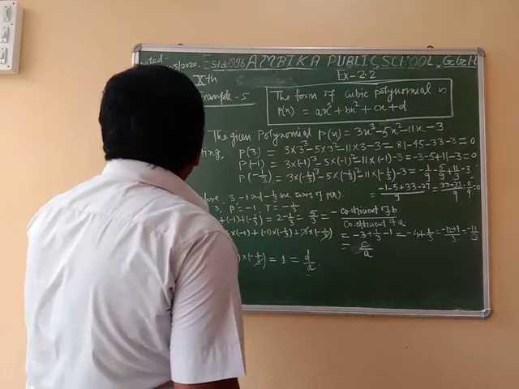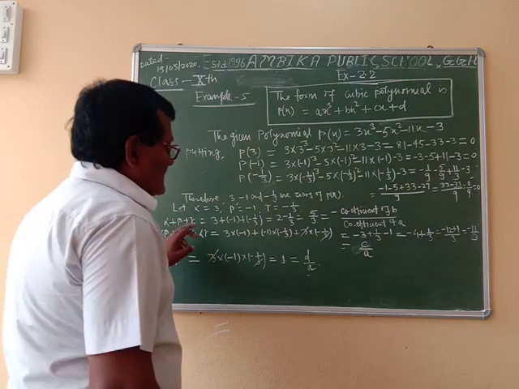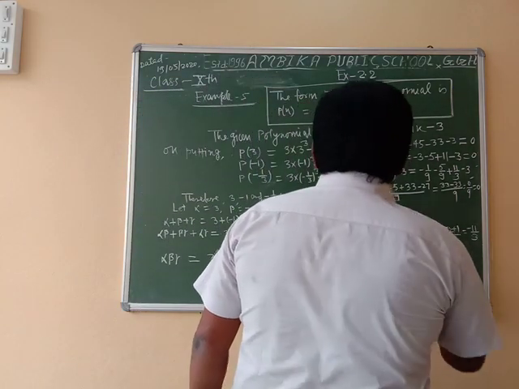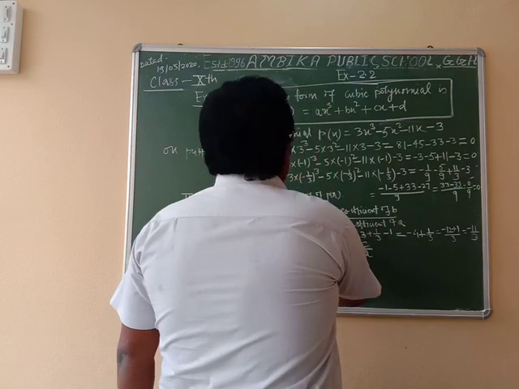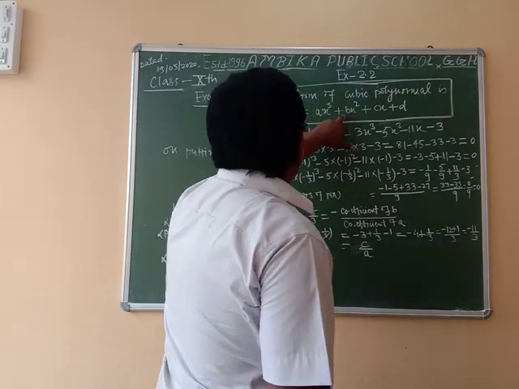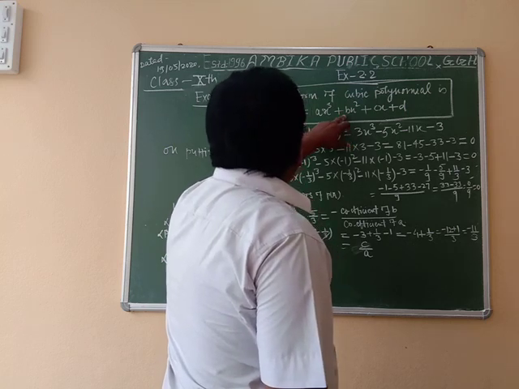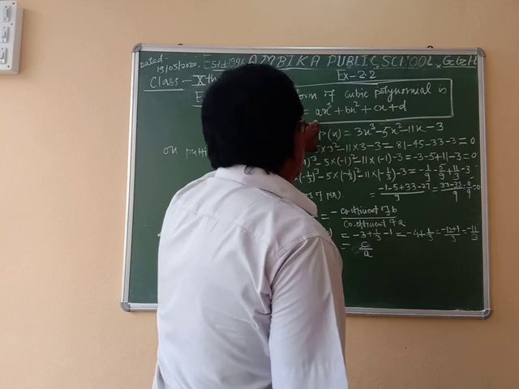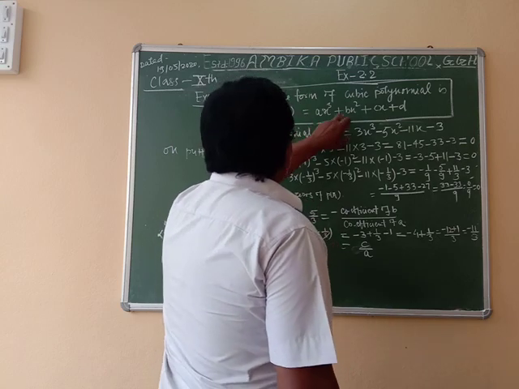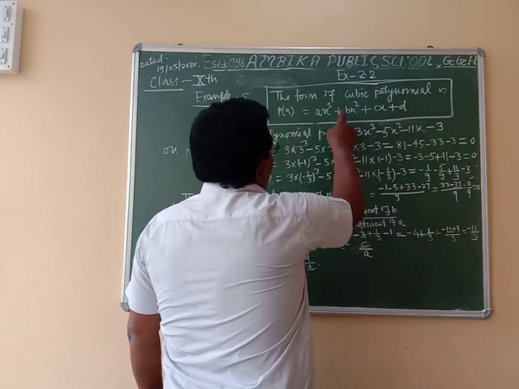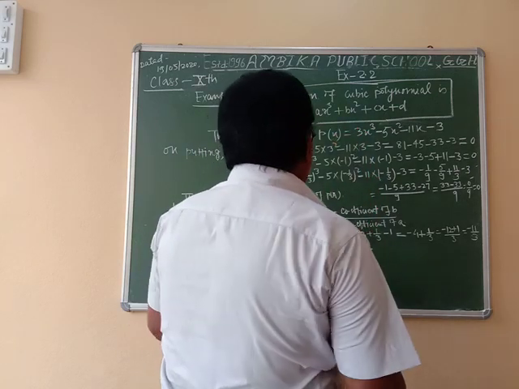Here the value of alpha plus beta plus gamma is equal to minus b by a, because here the coefficient of x square is b and the coefficient of x cube is a.